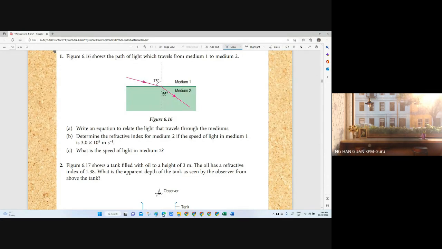For the Form 5 exam today it is still okay.